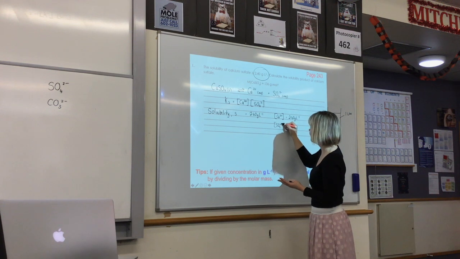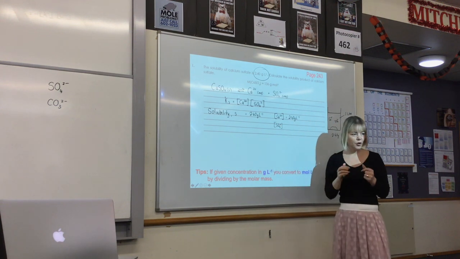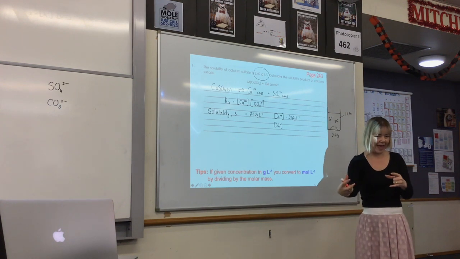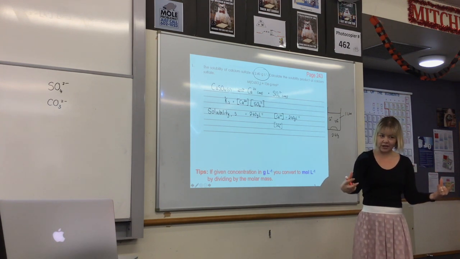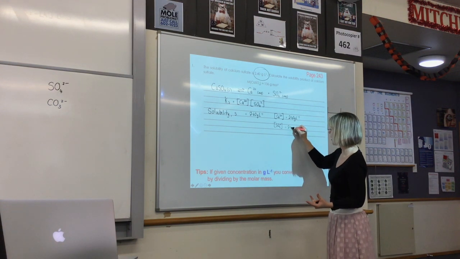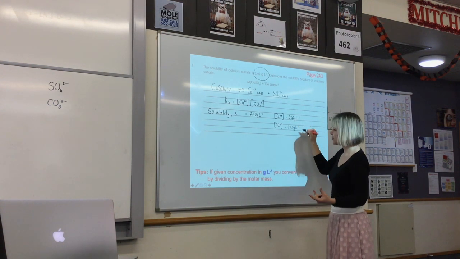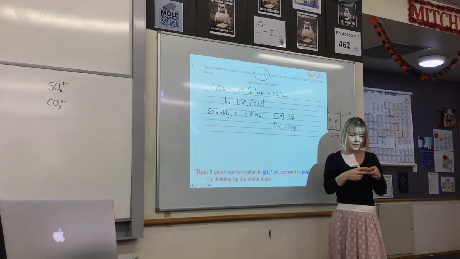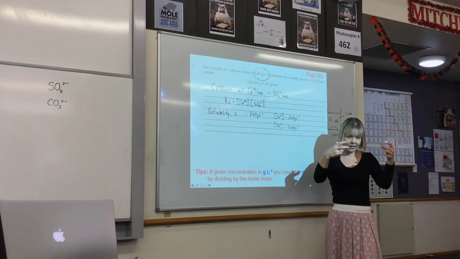Now be really careful. If you put a calcium sulfate in, it gives you a calcium and a sulfate. So you would also have 2.4 grams of sulfate ions, because the calcium sulfate consists of a calcium and a sulfate.